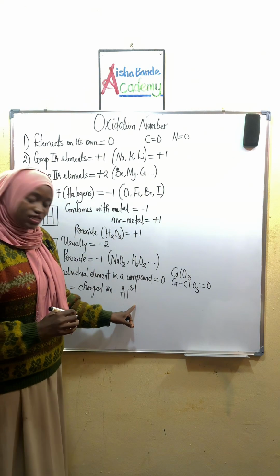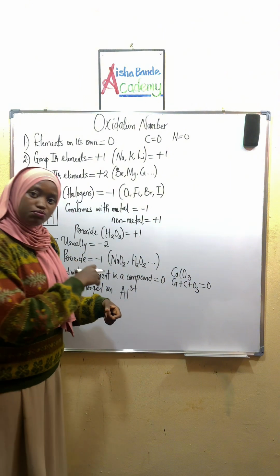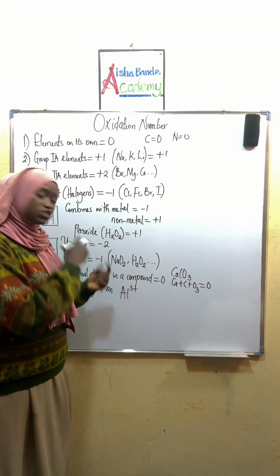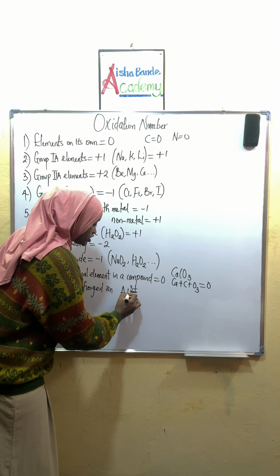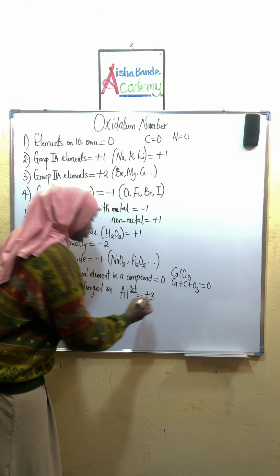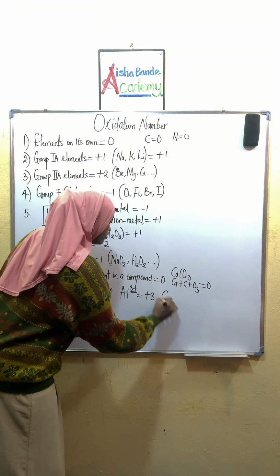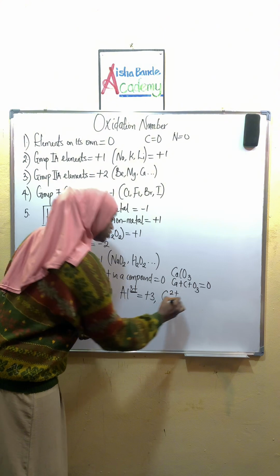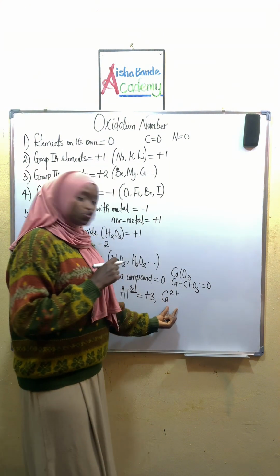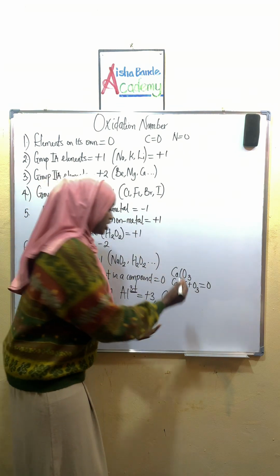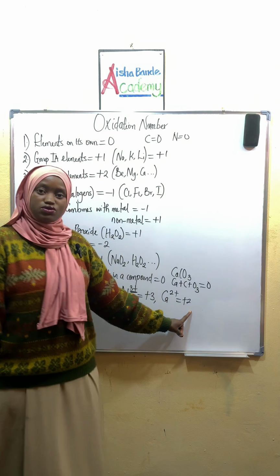As you can see, this is a simple ion. According to the rules, the oxidation number is the charge on the ion, and the charge here is +3. So that means the oxidation number of aluminium here is +3. Another example, if you have Ca2+, this is also a simple ion. The oxidation number of calcium here is the number of its charges, which is +2. So that means the oxidation number is +2 here.